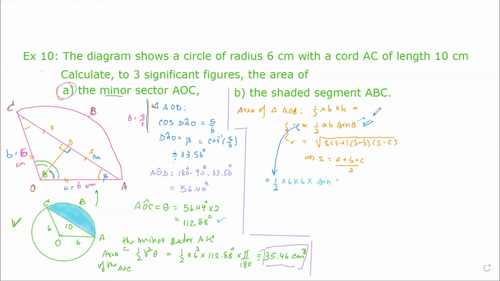So times sine 112.88 degrees. Use the calculator: approximately 1/2 times 6 times 6 times sine 112.88 is 16.58 centimeters squared.